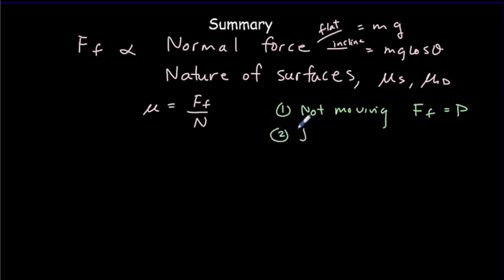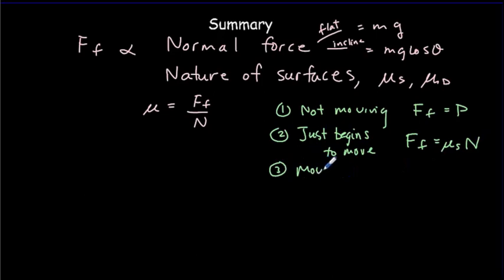If it just begins to move, then you can use that the force of friction is equal to the coefficient of static friction times the normal force. And in the third case, that's when it is moving continuously, that would mean the force of friction would equal the coefficient of dynamic friction times the normal force.